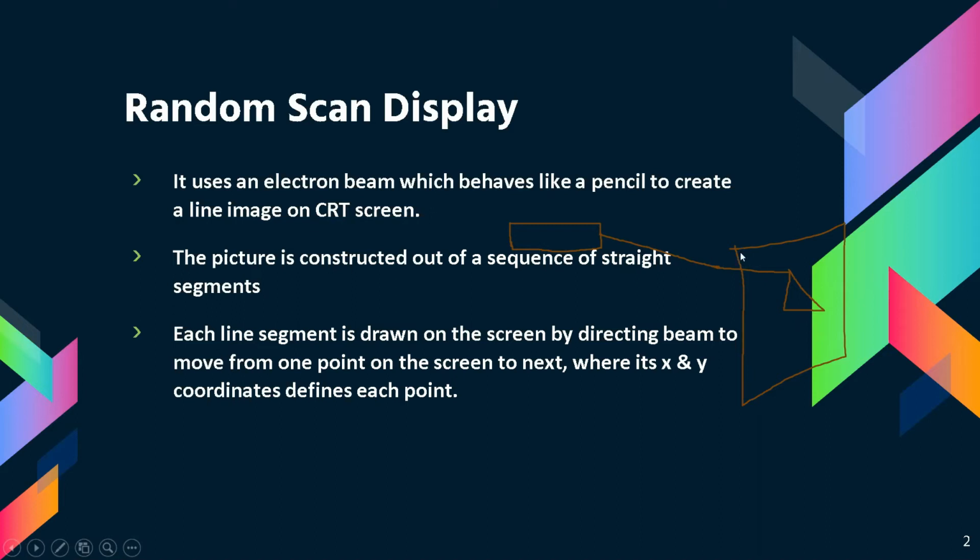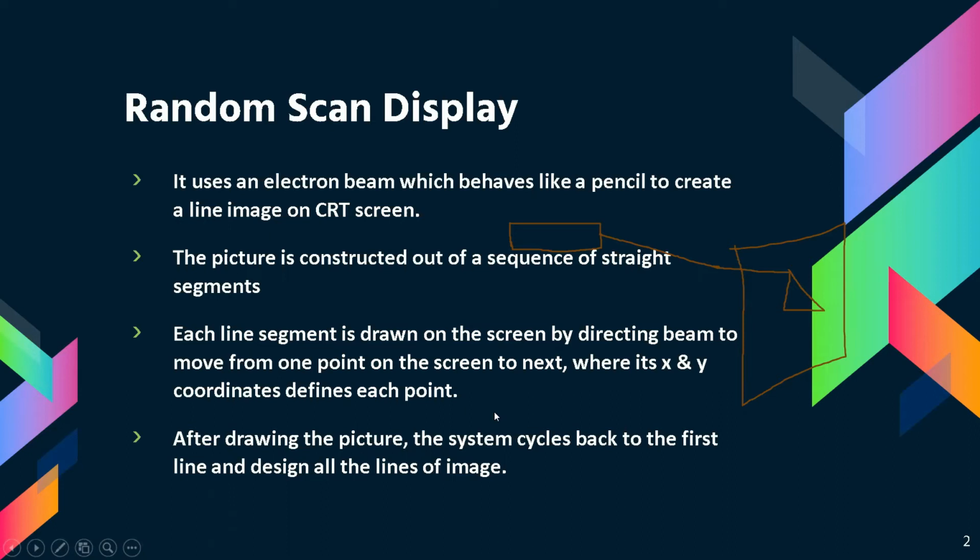So here, the electron beam will hit this, so this is a point X. From this point X, it will move to another point Y. Like this, then the next line will start at point X again here, then from here to point Y. So from one point to another point, it is using the line segments to draw the image. Clear with that?